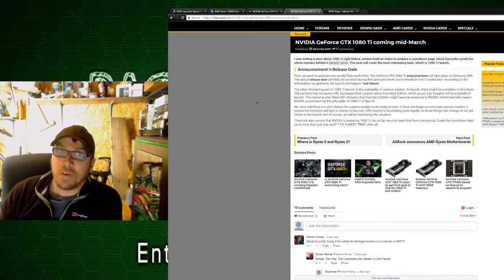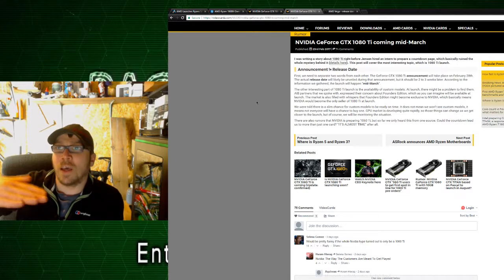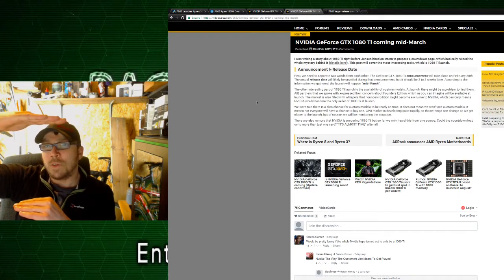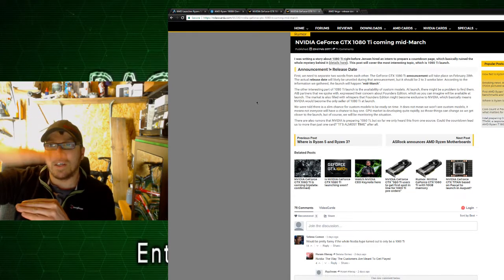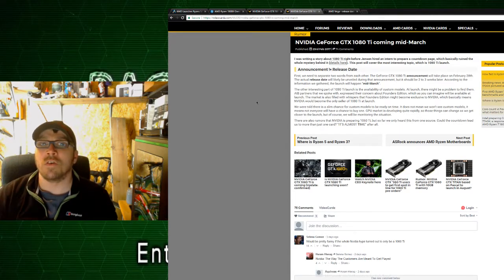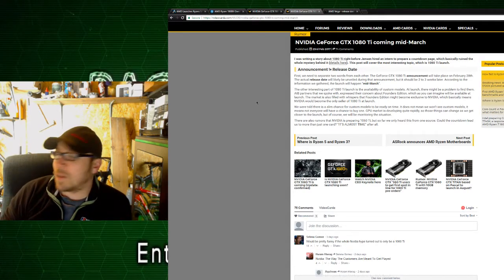They always do this. It's just where it sits in that price point between a 1080 and a Titan. I would expect the Titan's price wouldn't change. The 1080 would drop a little bit and the Ti would sit in between. So I think the 1080 Ti might be around $700 and the 1080 might drop to about $550. I know you can find them for around $550 at the moment, but I think across the board it should drop to about that.